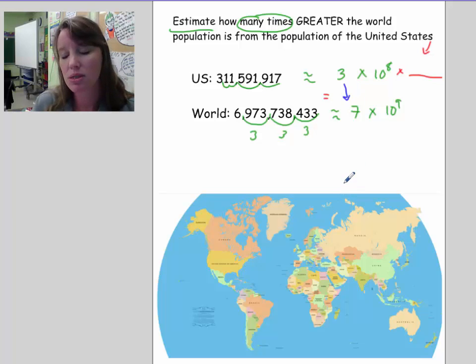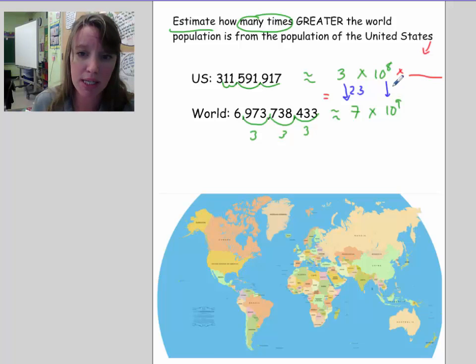Well, 3 times 2 is 6, and you only have one more number to get there, so it's about 2 1/3. So if I multiply 3 by about 2.3, I would get to 7. Okay, what would you need to multiply 10 to the 8th by in order to get to 10 to the 9th?